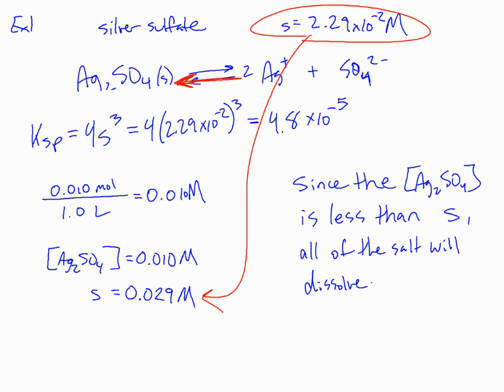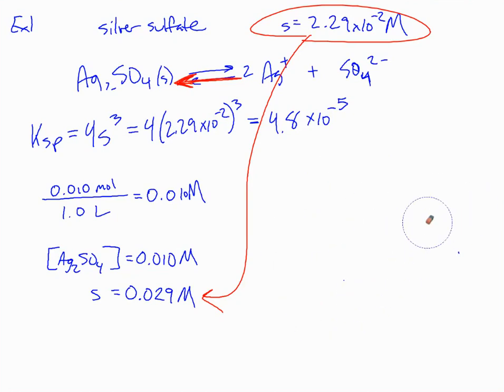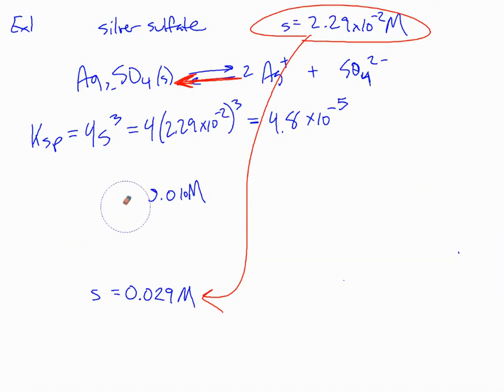What does this reaction mixture look like when 0.040 moles of silver sulfate is in a 1.0 liter solution? So let's look at it again. The only thing that's going to change is here.